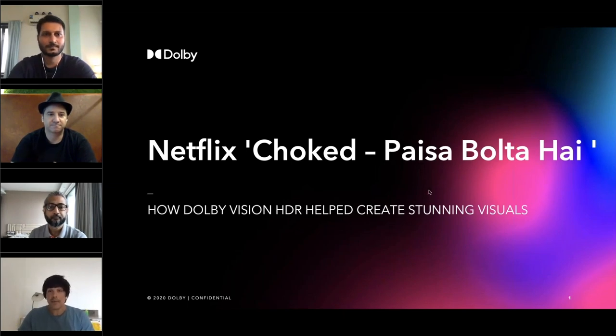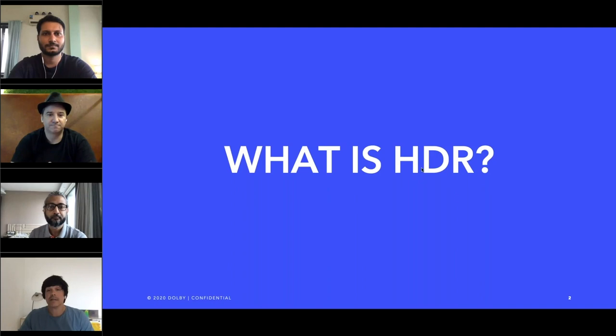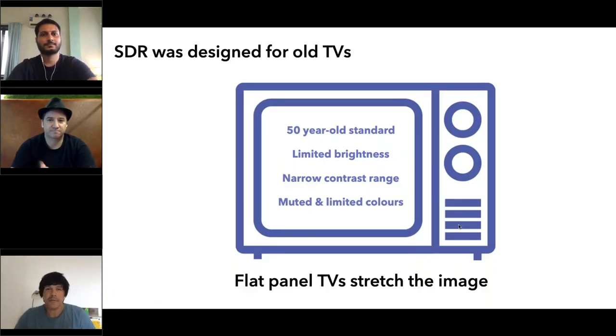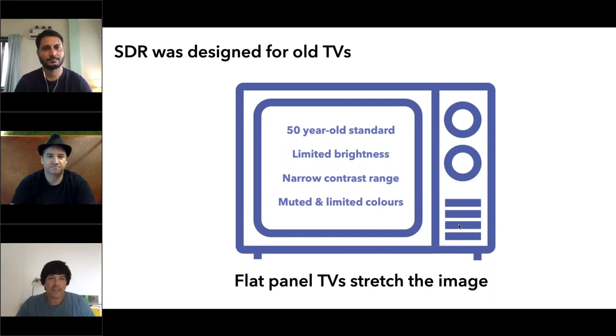Before we start, let's have a short introduction to, okay, what is HDR? Basically, today's standard dynamic range technology is focused towards a very old standard that delivers just a very limited brightness and a very narrow contrast range, as well as muted and limited colors as defined by Rec 709.